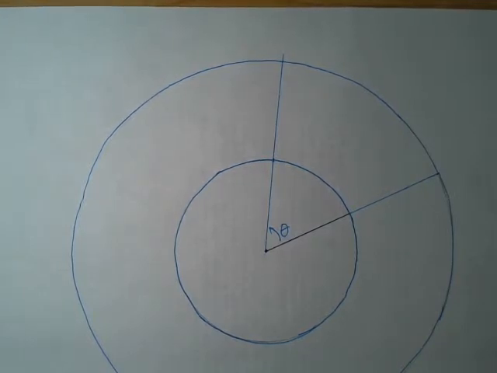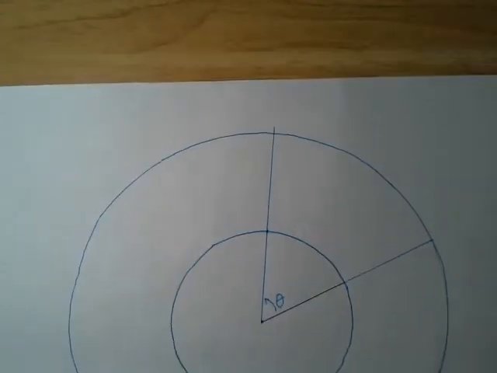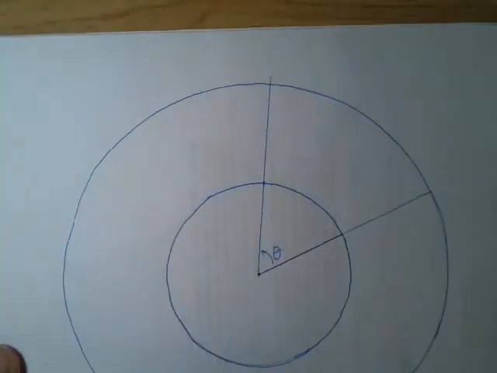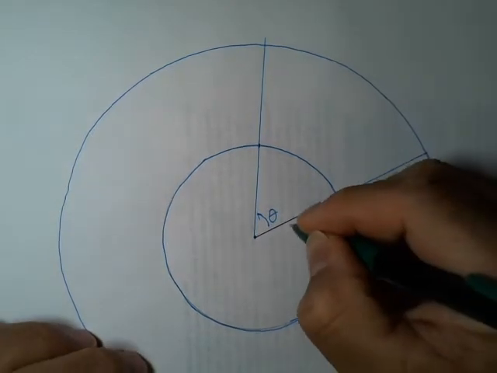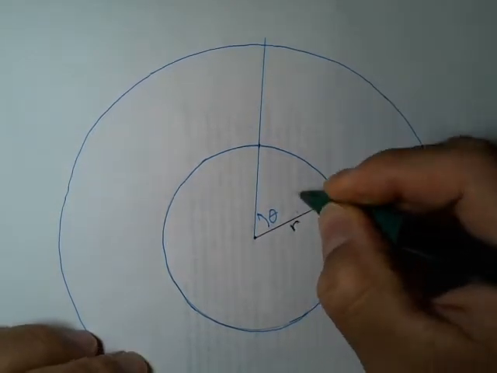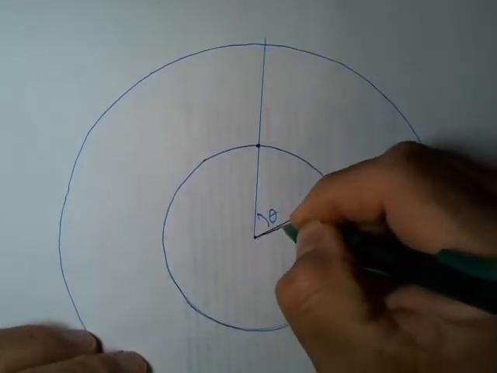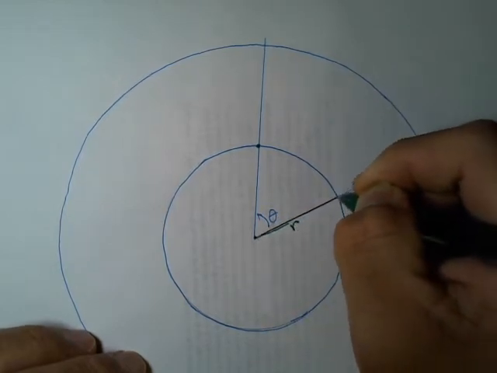Let's call the first one here, we'll define this as having radius lowercase r. From here to here, r.